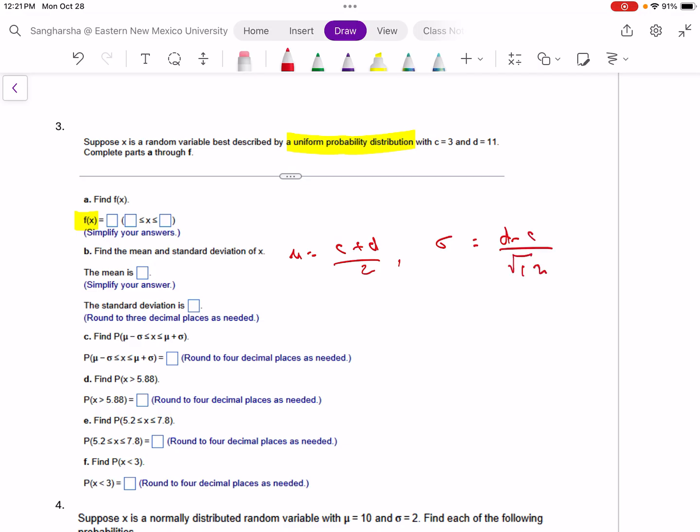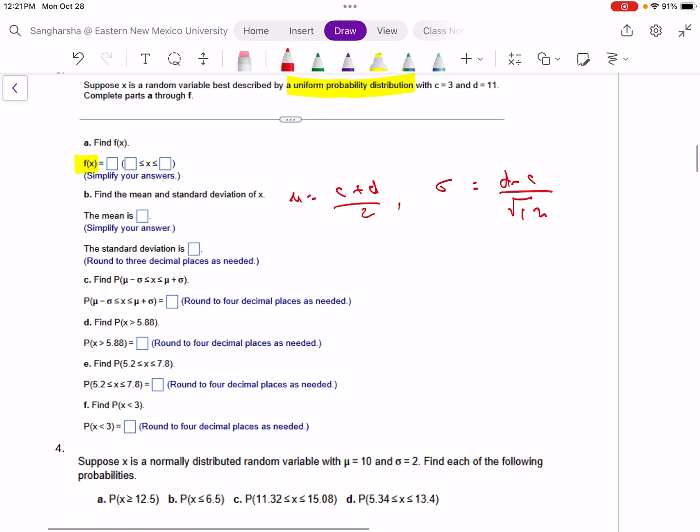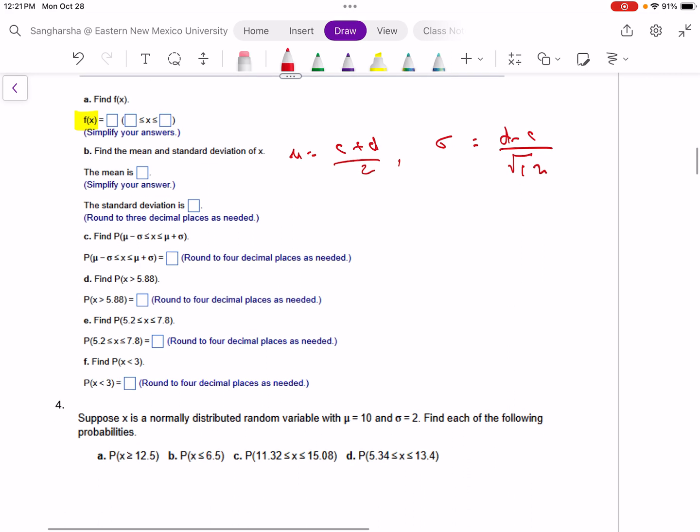Is it okay if I skip this number 3? It's the uniform probability distribution. For number C, once you have mu and sigma, you substitute here, you get some number, and you are finding the probability that x is between these two numbers using the same concept as we did in 1 and 2.